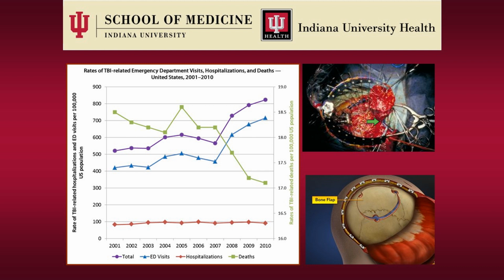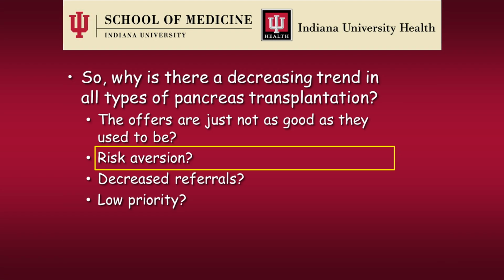With things like this and other maneuvers, we've improved the survival for patients who have a traumatic brain injury, which was one of the major indications for young, healthy donors to become organ donors. So many of these patients don't make it to organ donation, which is wonderful for them. I'm not saying that's bad, but it certainly affects the number of young, healthy donors that we have.